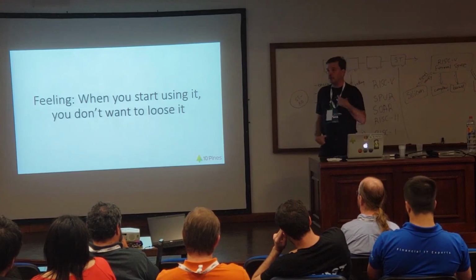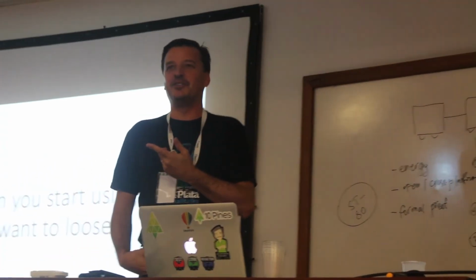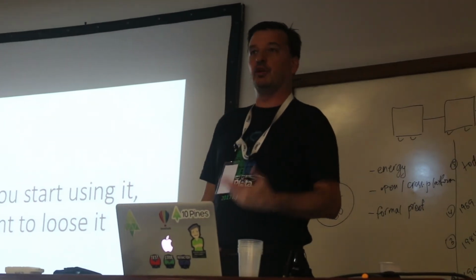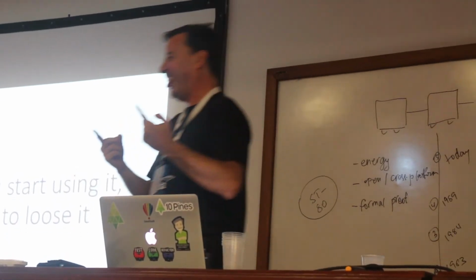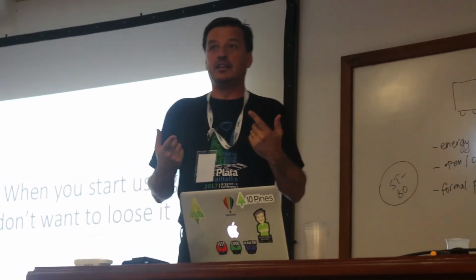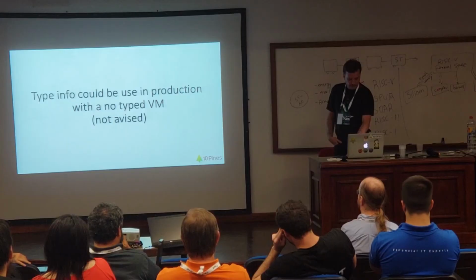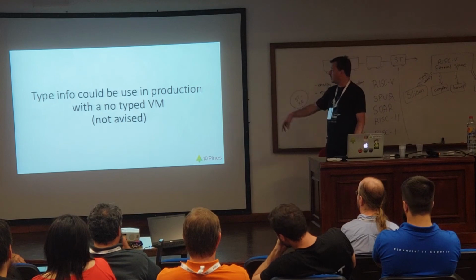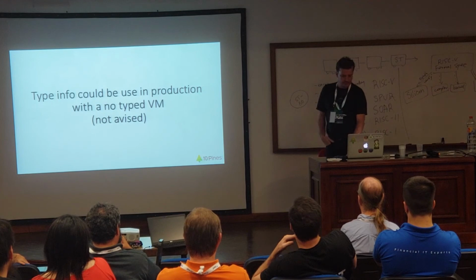And a feeling I have, after I started using it, is that you don't want to lose it. Because when you see code that you didn't write and you don't understand it very well, it gives you a lot of information, having the types of the variables. And as I said, type information could be used on production, even though I think it doesn't make any sense because this is for tools, not for production.